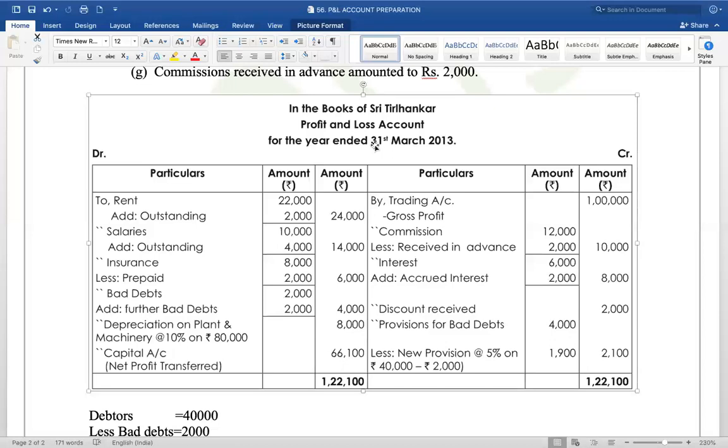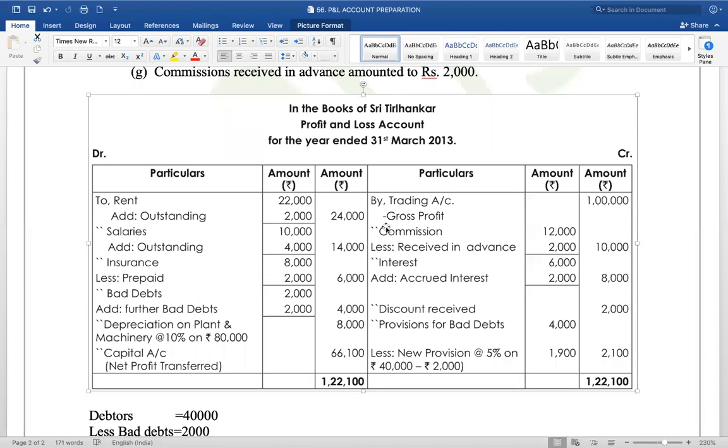So in the books of so and so company, and below that, profit and loss account for the year ended so and so date. Sometimes 31st December, sometimes 31st March, whatever is the date. In India, the practice is to close the accounts on 31st March every year. So for the year ended 31st March 2013.